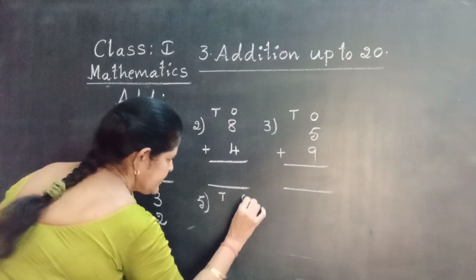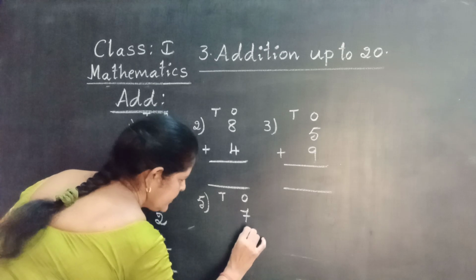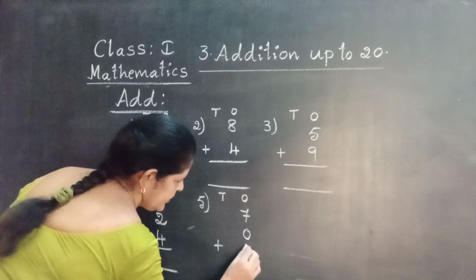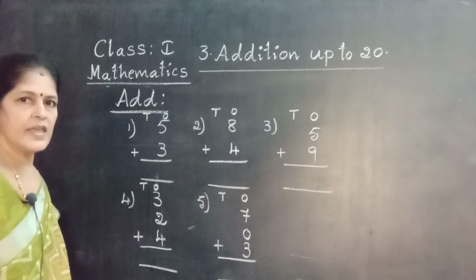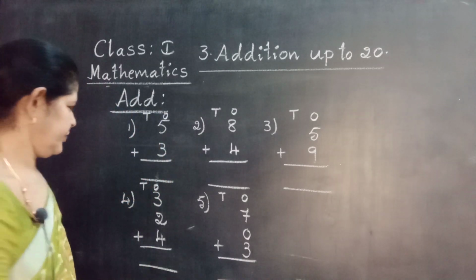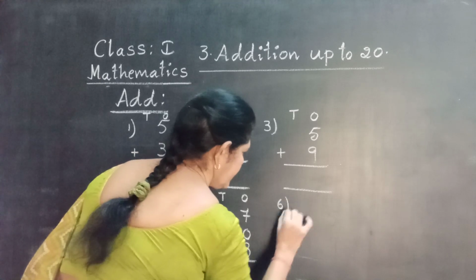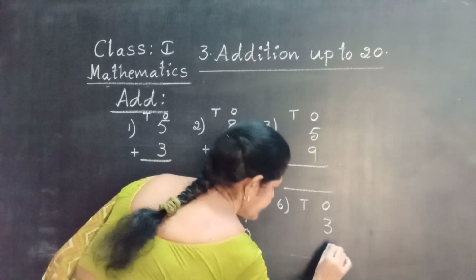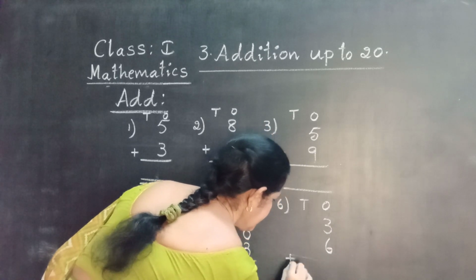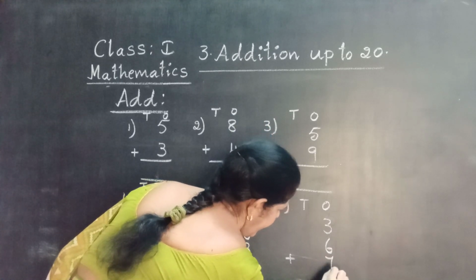Put the places. 7 plus 0 plus 3. Sixth one. Tens place, ones place. 3 plus 6 plus 7.